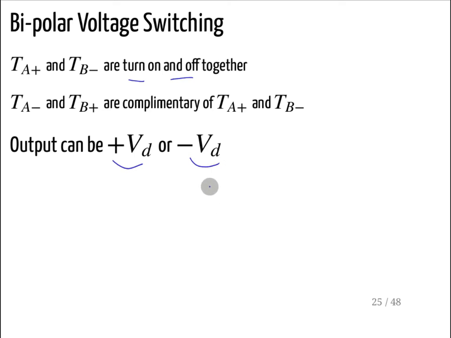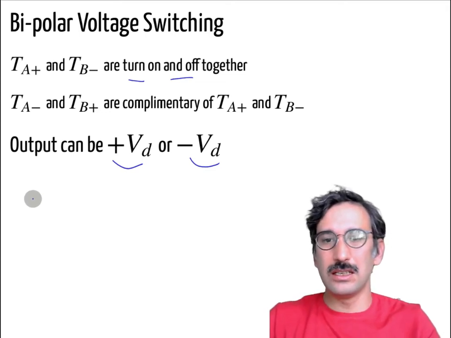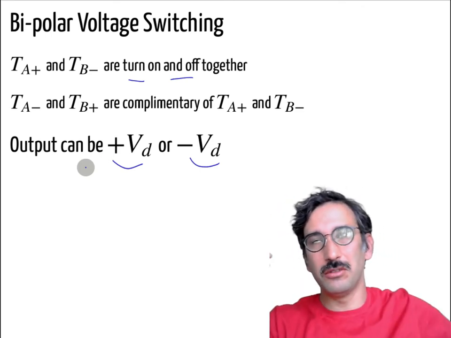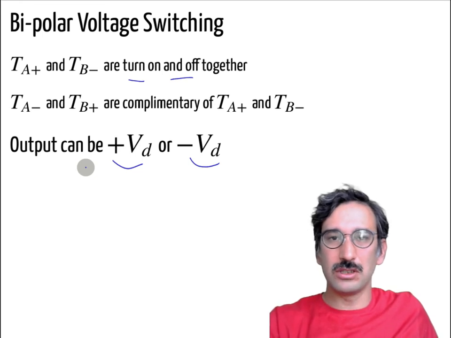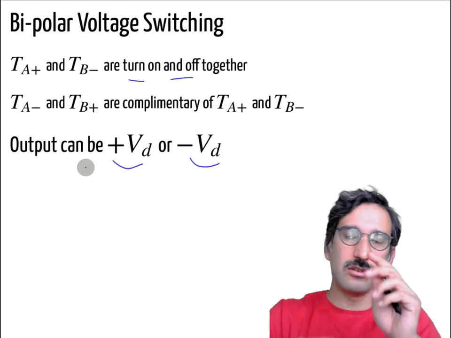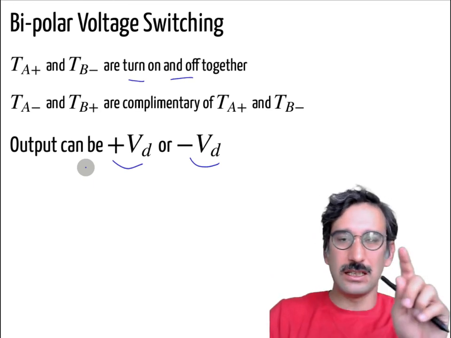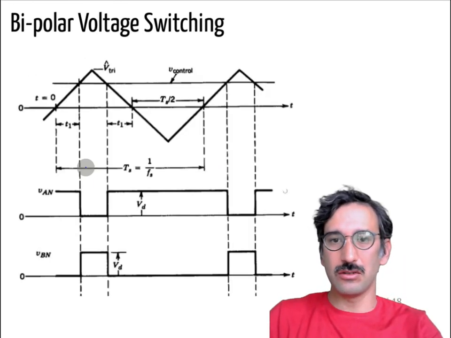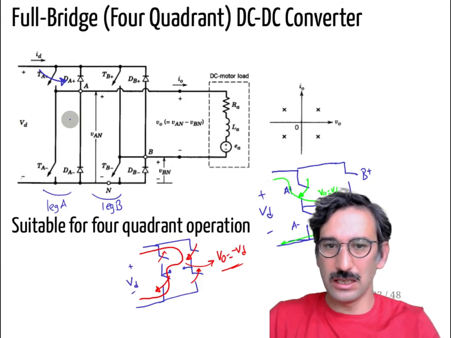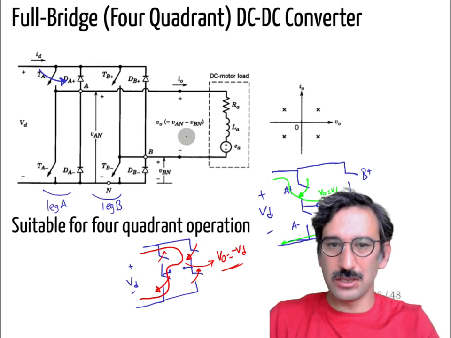Okay, so that means your output can be VD or minus VD. So if you want to generate some kind of duty cycle, let's say you have, I don't know, 12 volts at the input voltage, and if you want to generate 10 volts, so at some parts you can apply a negative voltage, and on average you can get that voltage. So again, that voltage can be measured from A to neutral.